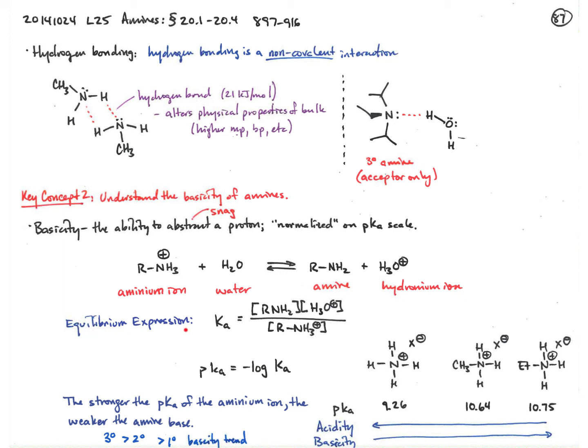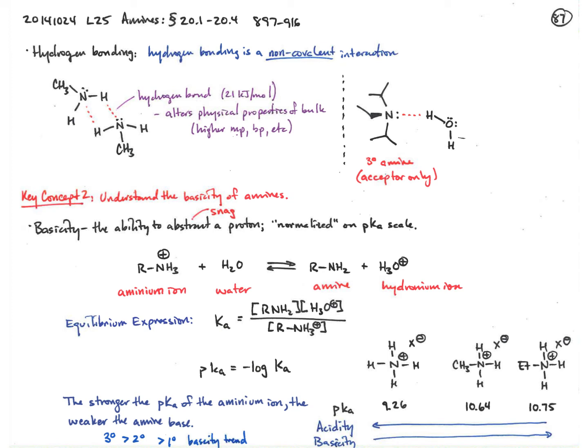So the equilibrium expression, you'll recall Ka is the product of these molar concentrations, that's what the square brackets mean. So the concentration of the amine times the concentration of the hydronium divided by the concentration of the aminium ion. And remember that water gets folded into this Ka, so that's why you don't see it here.